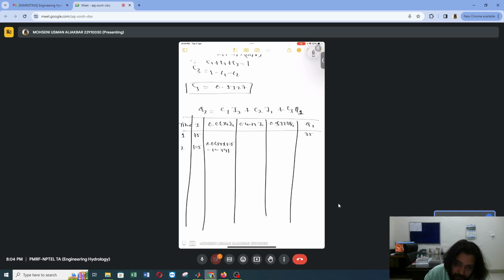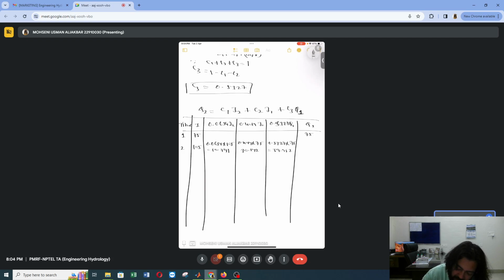So this is for I2, the second day. Then we calculate 0.4019 times I1, which is 75, and we get the value 30.142. Then 0.5327 of Q1. Q1 means the outflow for the previous day, which is 75. So we get the value 39.952.